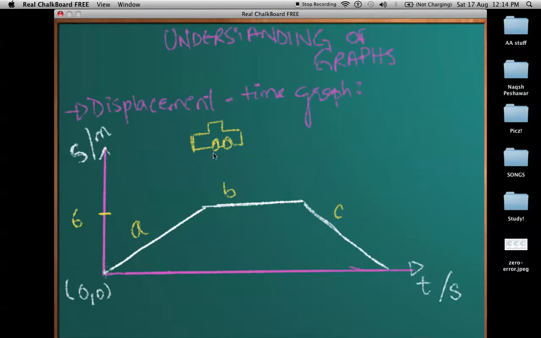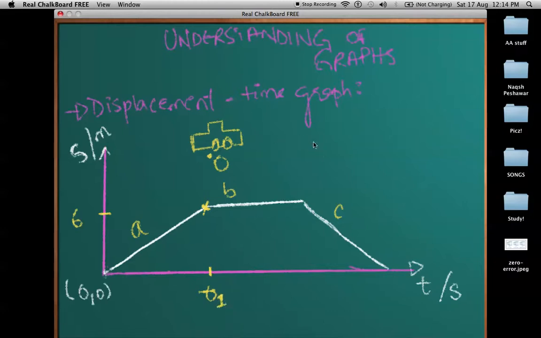For example, this is the car, which is here at a point O. Let's say this is time 1.